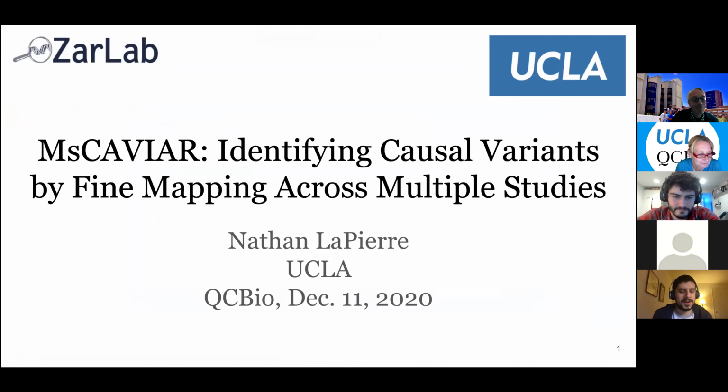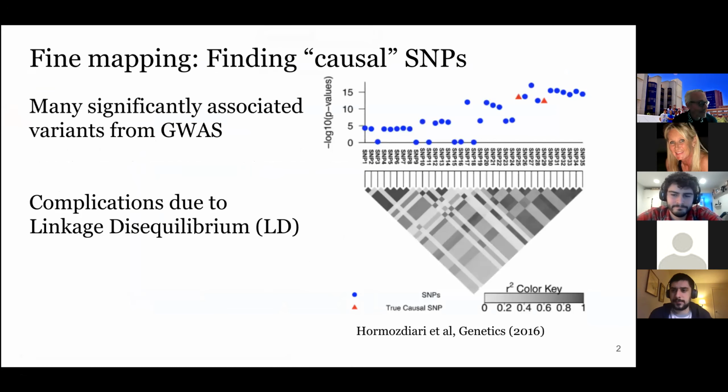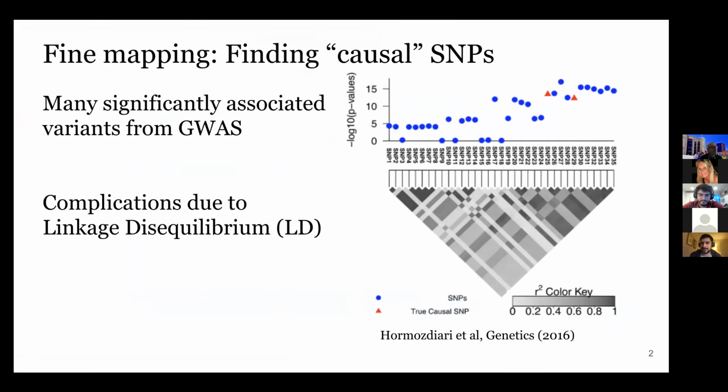I'm going to be talking about our method, MsCAVIAR, for identifying causal variants by fine mapping across multiple studies. So just to define those terms, I assumed basic knowledge: in genome-wide association studies, we've successfully established a number of associations between SNPs and complex traits.